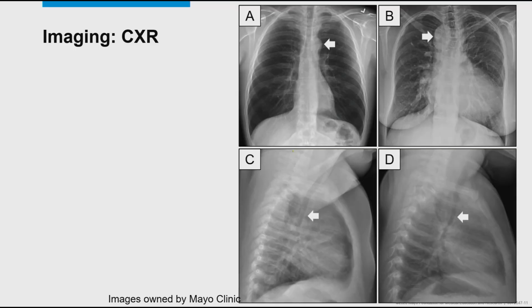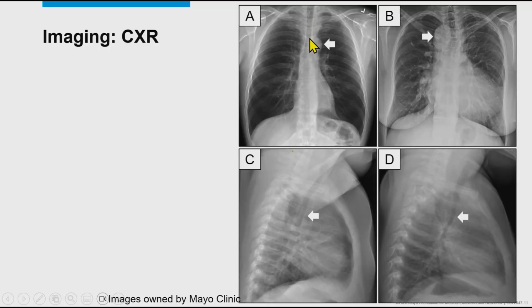But let's say we have some symptom, whether it's a tracheal obstruction symptom or esophageal obstruction symptoms. How do we evaluate? Well, one of the simplest things that you can do is a chest x-ray. So if I go to here, on a simple chest x-ray, the important thing to look for is where the aortic knuckle is on a chest film.